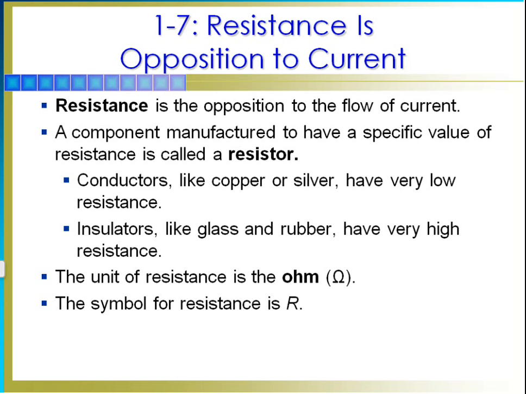Now the last part we need to make a complete circuit is some resistance. We now have potential difference. We have a path for current, that's the piece of wire. Now we need resistance, because the thing about current is, you're actually moving particles within the piece of wire, within whatever conductor you're using.